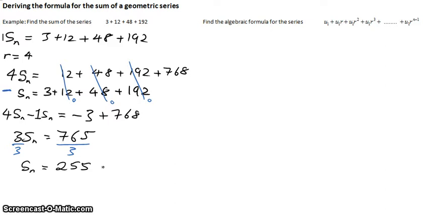All right. Now, the first mathematician to do this must have been quite clever. It's not something that's obvious. And what we're going to do is do exactly the same steps with our algebraic version. Now, this you've seen before.